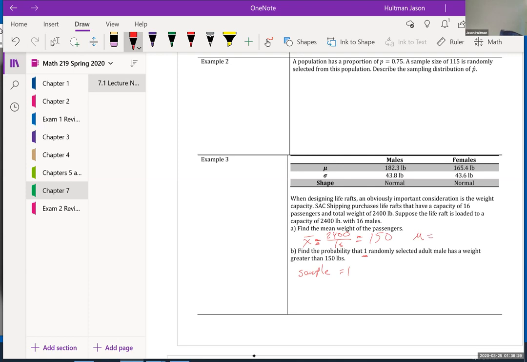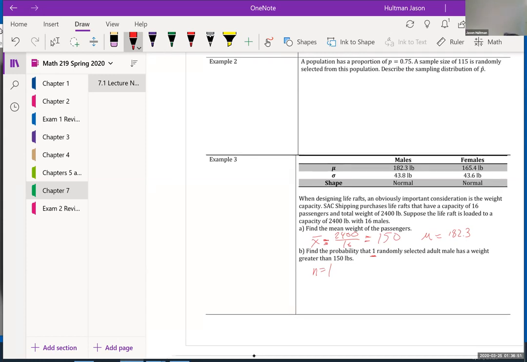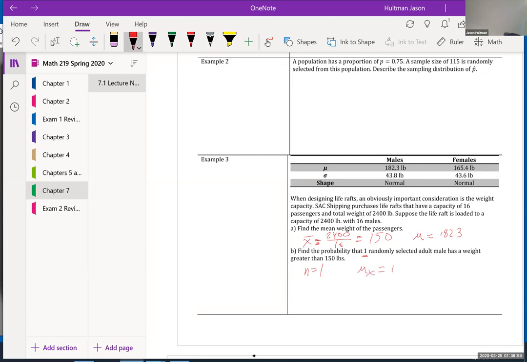The mu for males is 182.3. So we have a sample size of 1, I'll just say that n is equal to 1. And mu of x is equal to 182.3, because that's going to be the same as the population. I'm getting that from the chart up there.